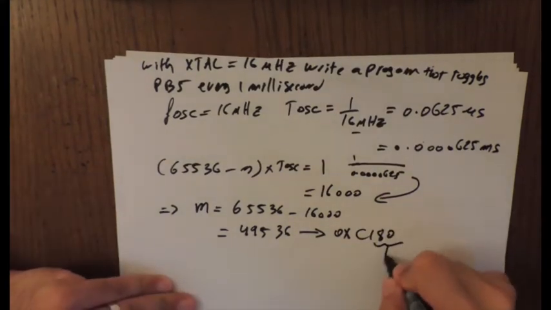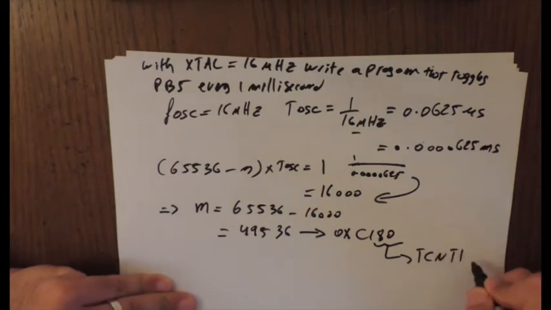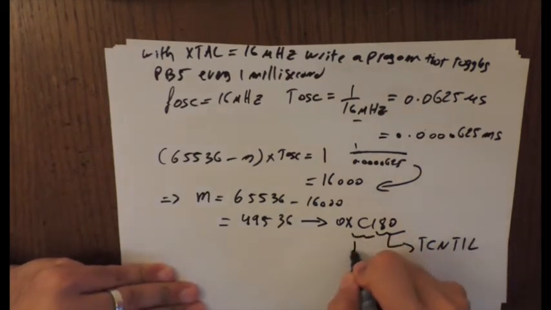So remember, 0x80 goes to timer counter 1 low, and 0xC1 goes to timer counter 1 high.